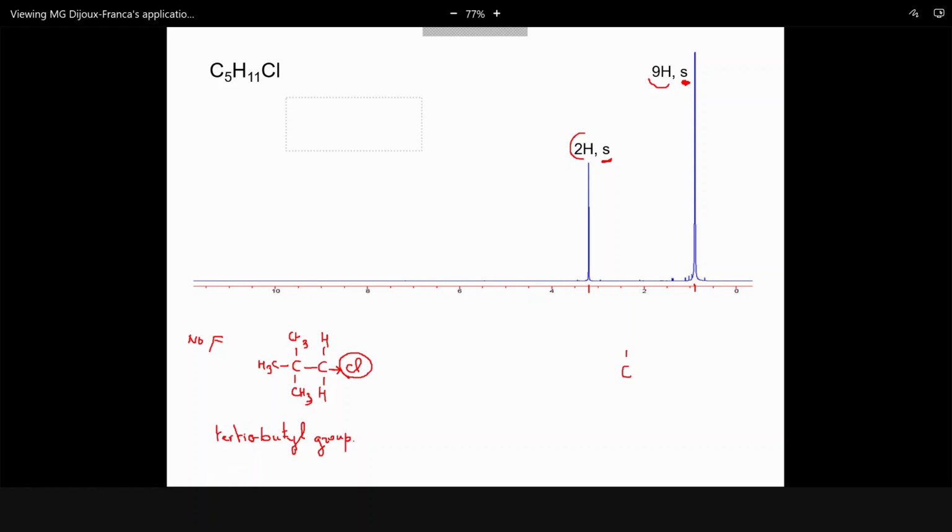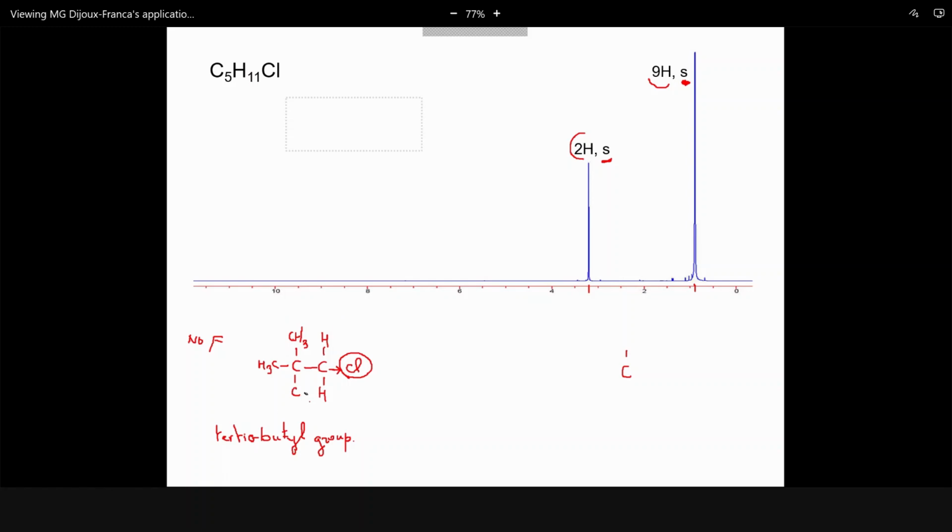It's the only way to have 9 equivalent protons: 3 equivalent methyl groups on a quaternary carbon, no hydrogen here. And so we have a singlet for this group, and a singlet for all these groups. Okay, for everyone?